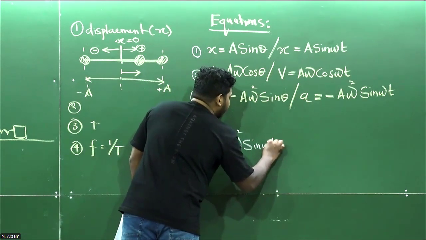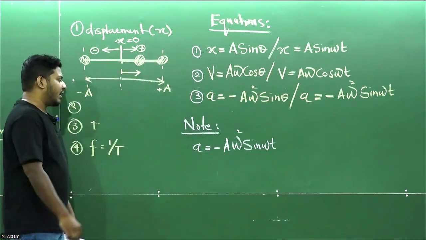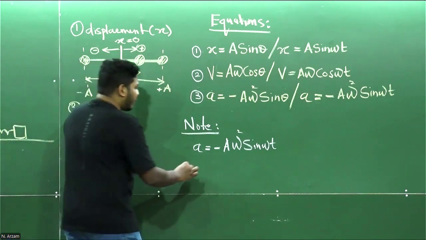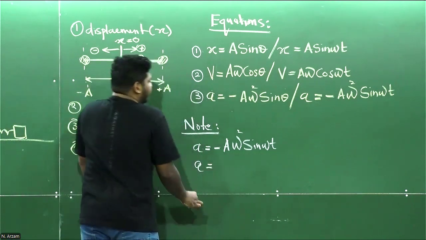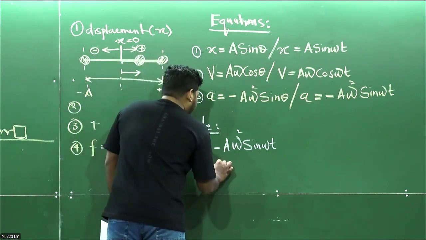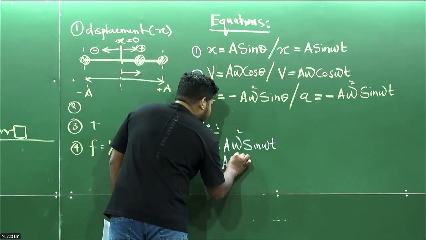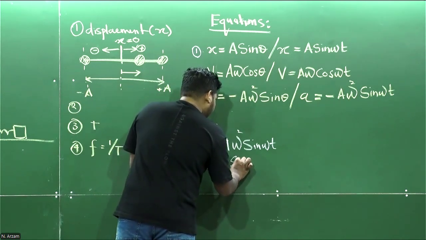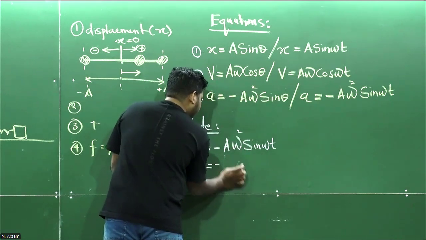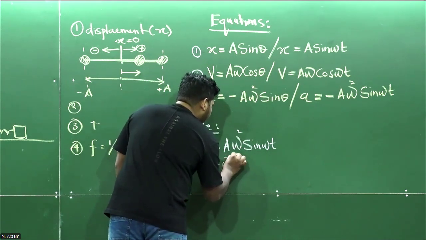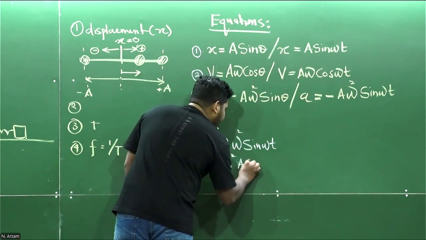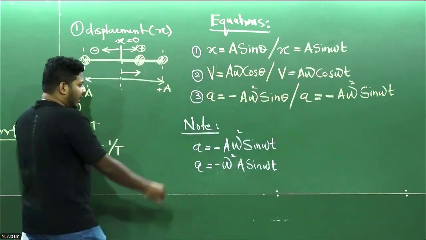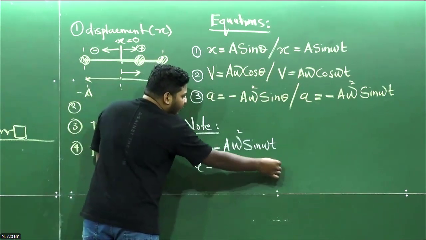Here I'm going to make a simple change in this equation. I'm writing it like this: a is equal to minus omega square A sine omega t. Look at this equation.